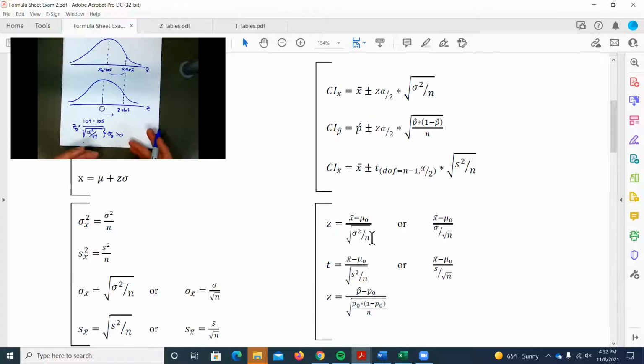So the lowest they can be is 0. So when I'm looking at my test statistic, the sign of my test statistic is just going to be if that sample mean value I found is above the assumed true mean, I'm going to have a positive test statistic. If that sample mean value is below the assumed true mean, it's going to be negative. But from here, it's just a matter of getting this entered into our calculator. Okay.